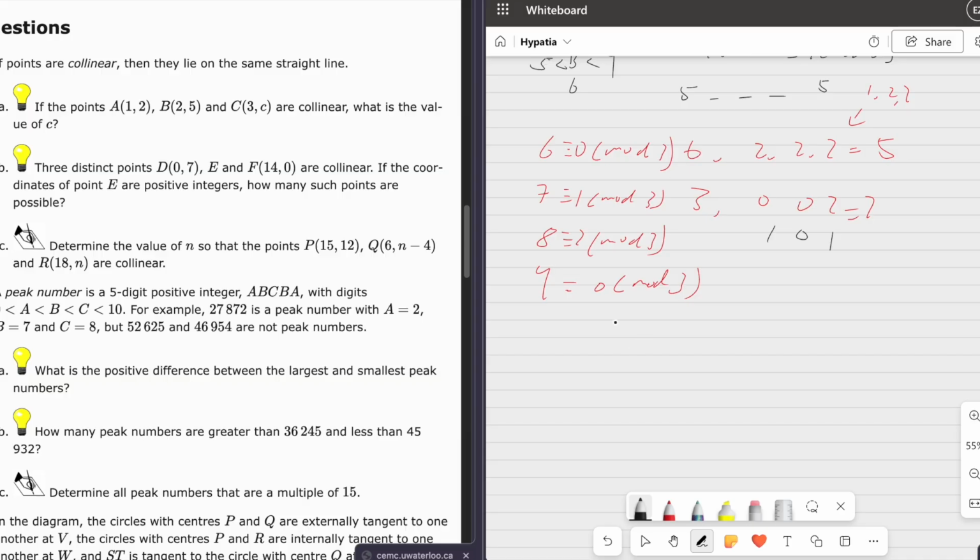So for the case 1, 0, 1, the possible answers are 7, 9, 7 and 7, 6, 7. But 7, 6, 7 does not follow the peak number order, so this is not possible. Second case, 0, 0, 2.